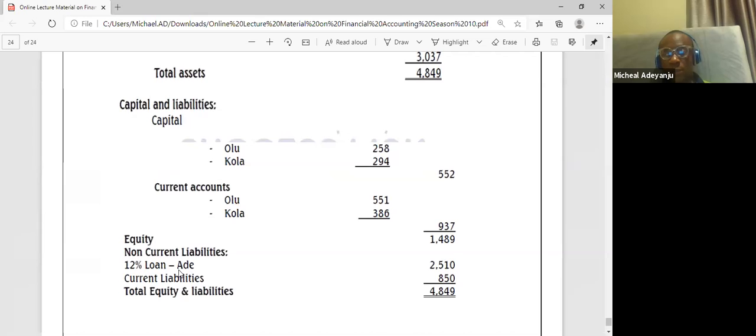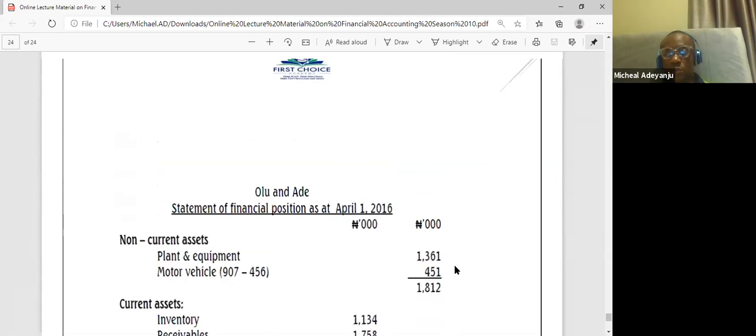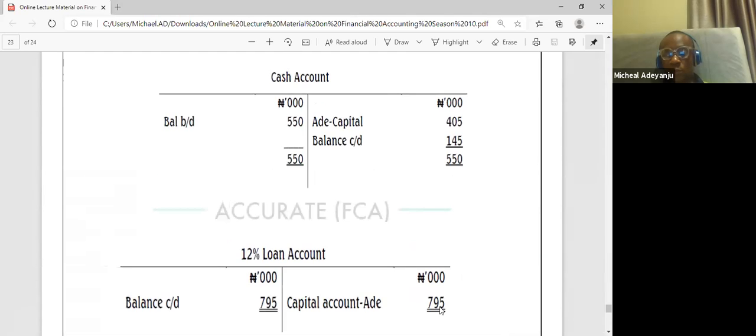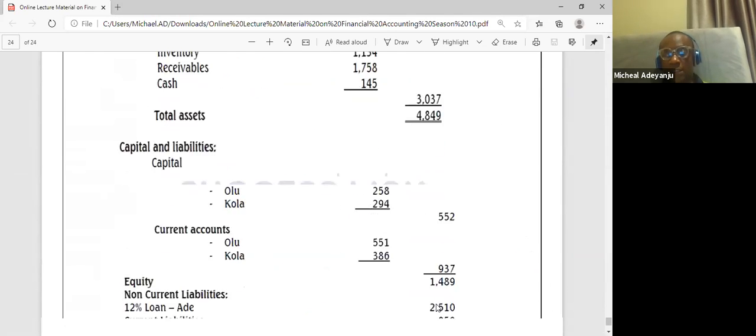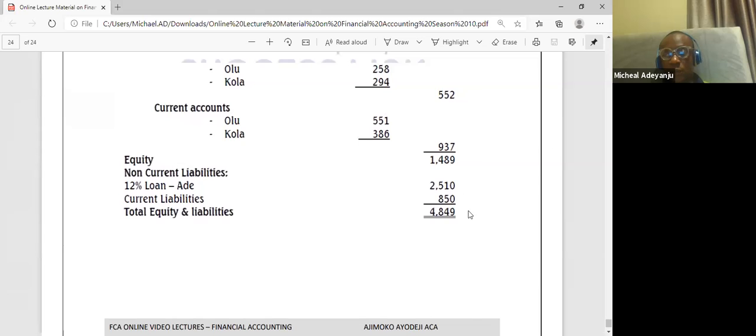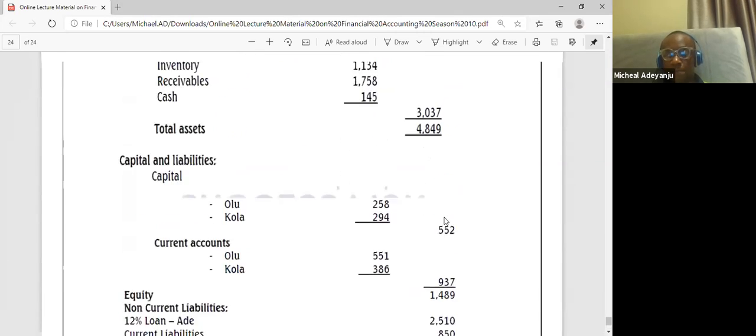And we have the loan. Remember that loan from Ade that I said was 2,510. So that was what was supposed to be here, 2,510. This is it, that we have 850. Then our account is balanced.